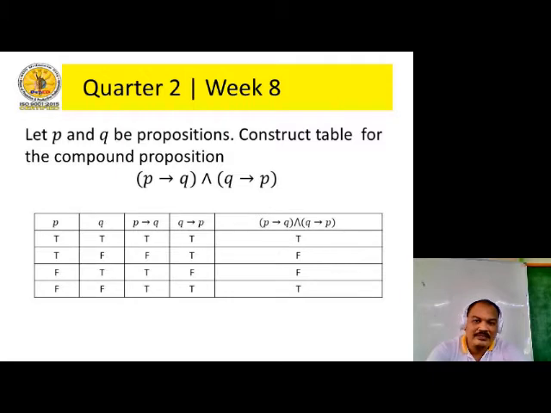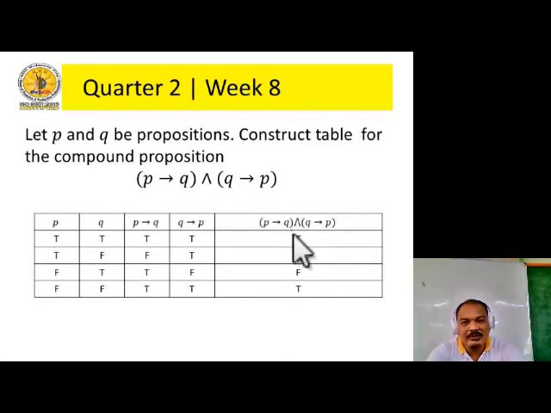With the presence of false, the statement will become false. True, then false, therefore this will become false. And both true, true, therefore the statement will become true. And this will be the final product of our compound proposition.